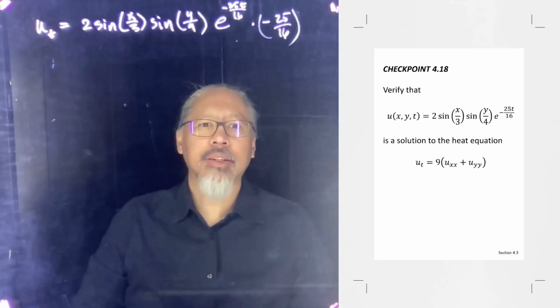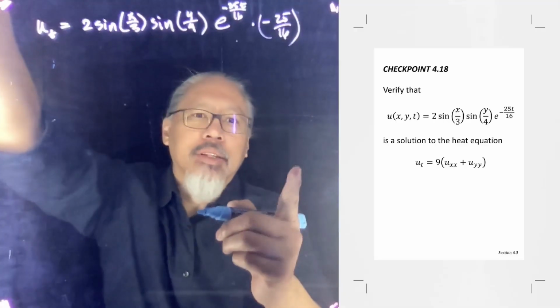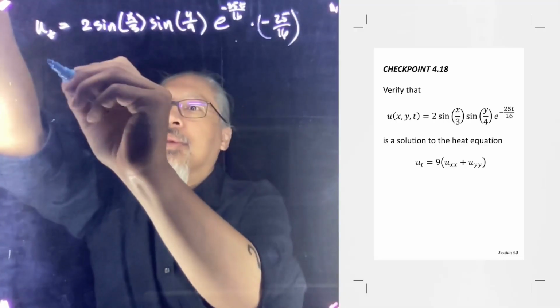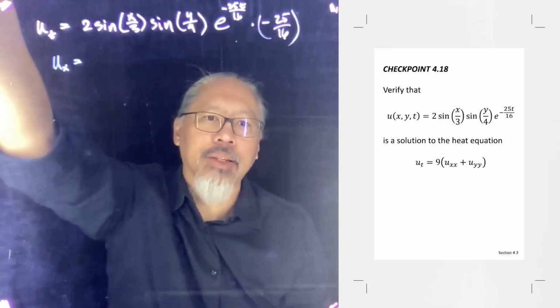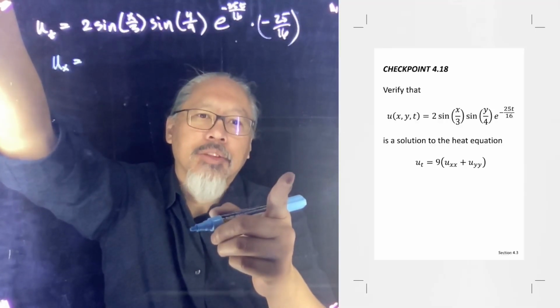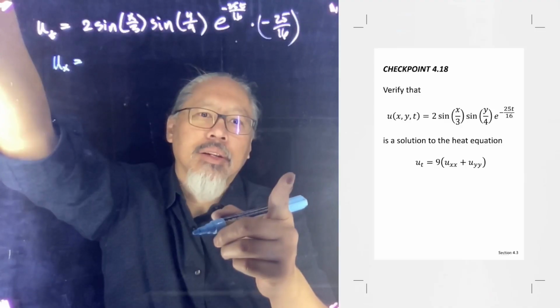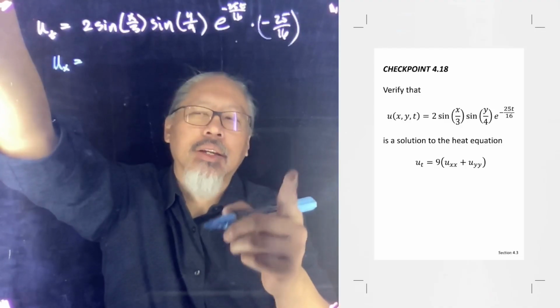Okay, next we need to get u_xx. So we need to take the derivative of that function with respect to x first, and then take the derivative with respect to x again. The x term is the first factor, sine x over 3. The derivative of sine is positive cosine.